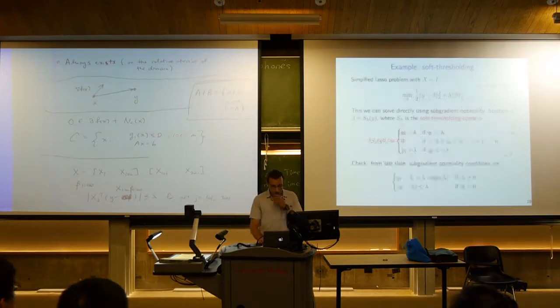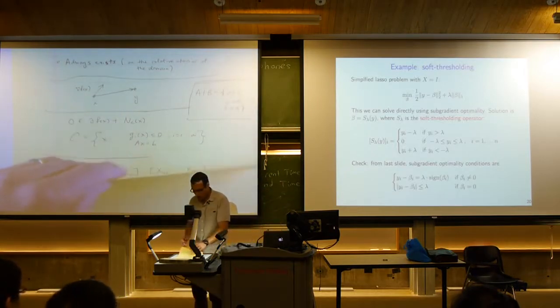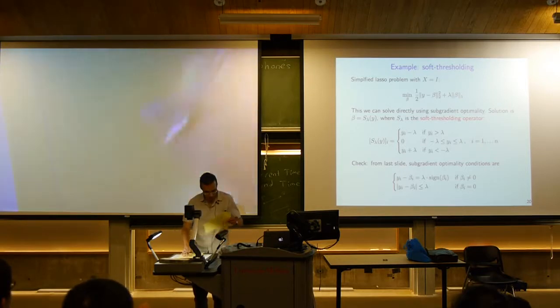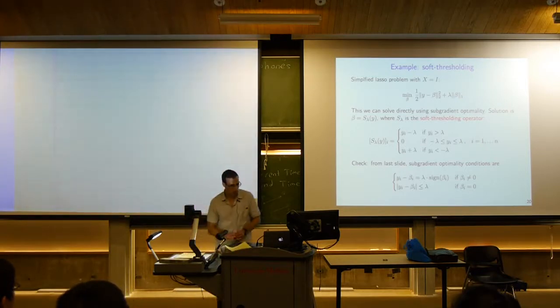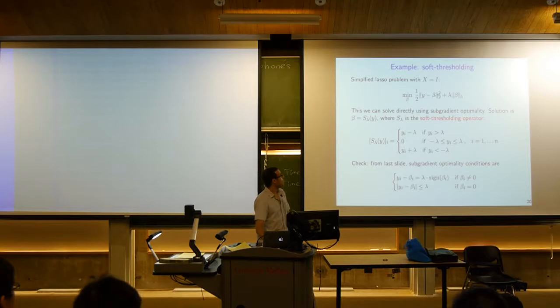So another example is a much simpler version of the lasso where this X matrix is just the identity. And we're doing something that some people call denoising. We're just solving for the vector beta that is closest to y after I add some kind of L1 penalty.